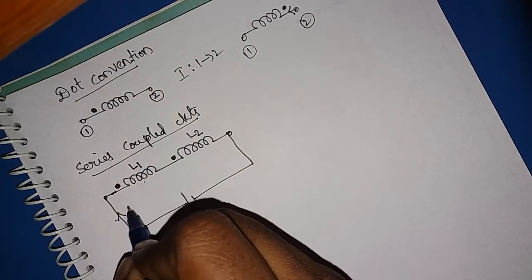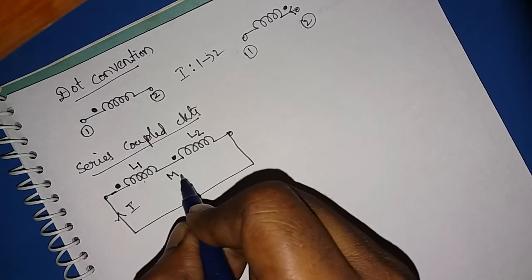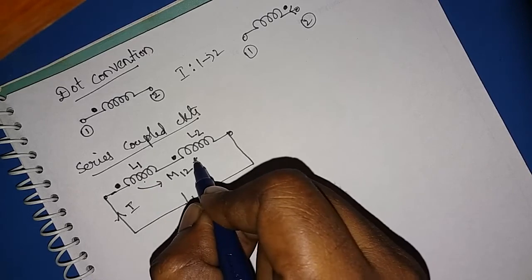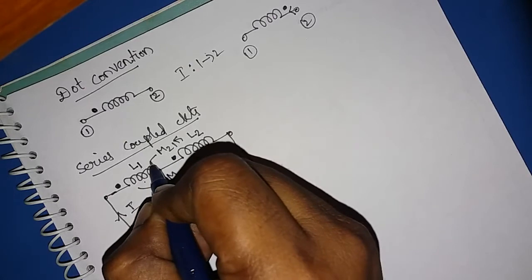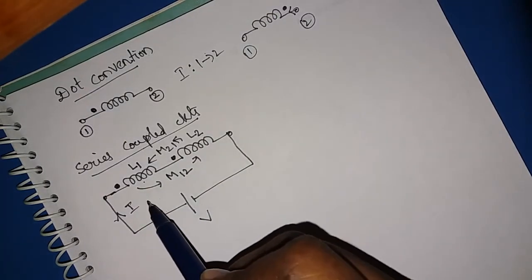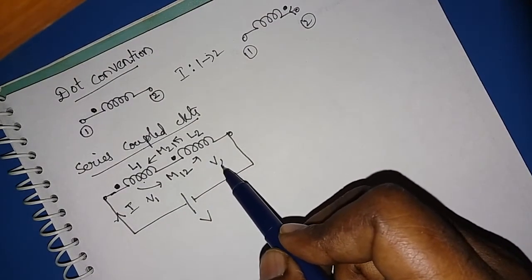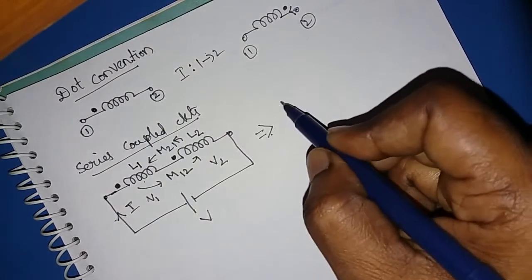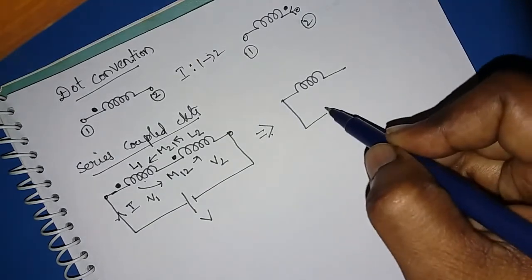Now the current here is I. The mutual inductance between the two coils is M12 from 1 to 2 and M21 from 2 to 1. And let us assume the voltage across L1 is V1, voltage across L2 is V2. Now my objective is to replace this network with a single inductance like this.